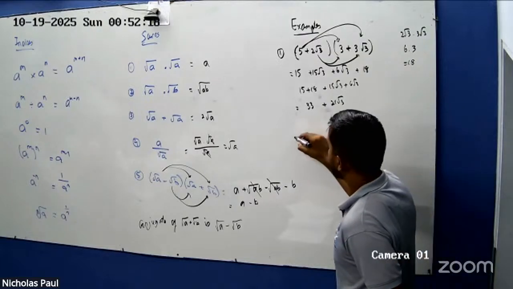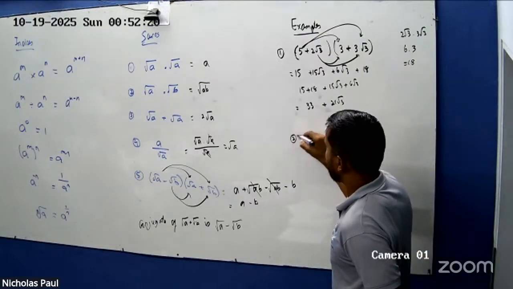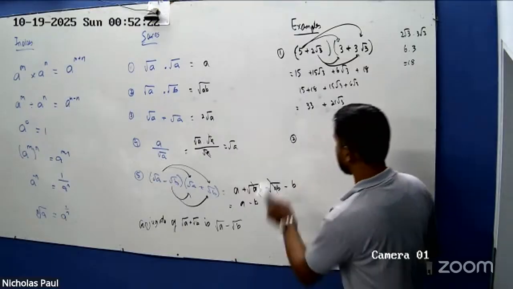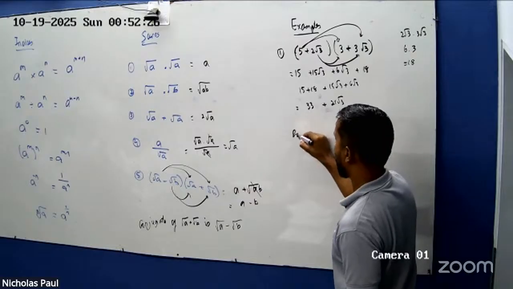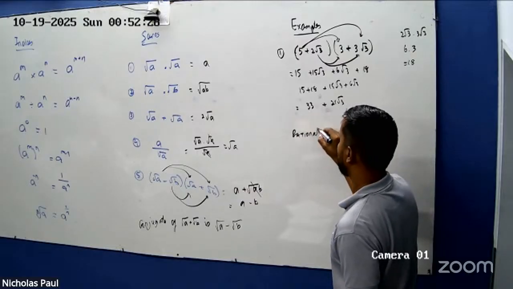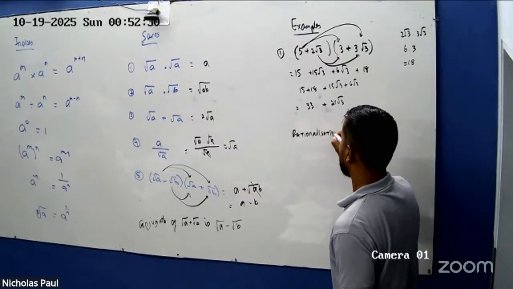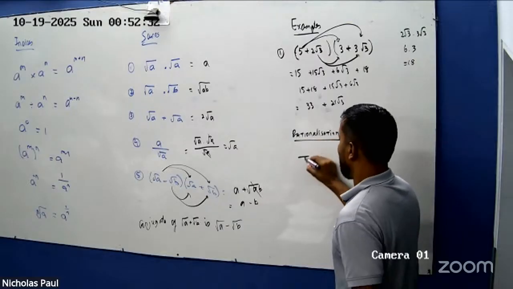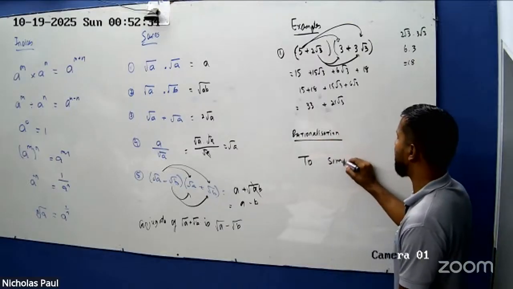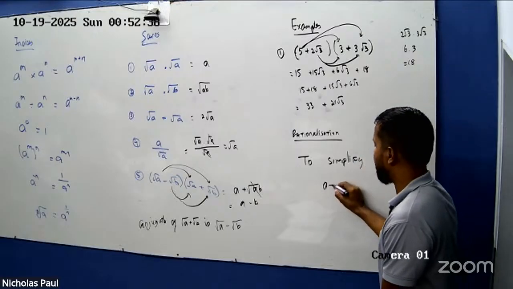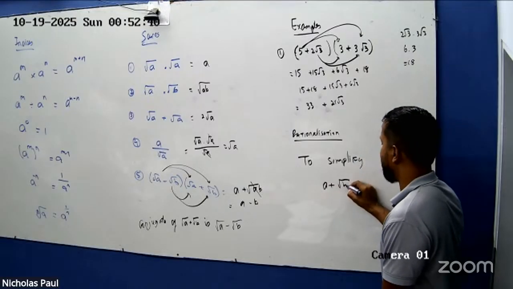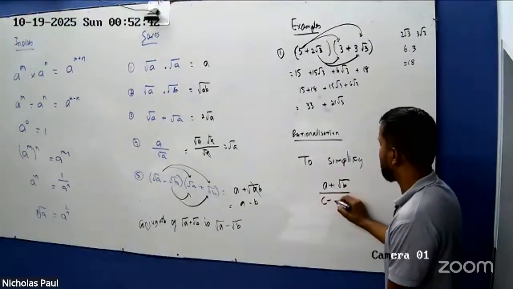Since you all find that easy, let's quickly look at rationalization. So how do we simplify something like this, A plus root B over C minus root D?